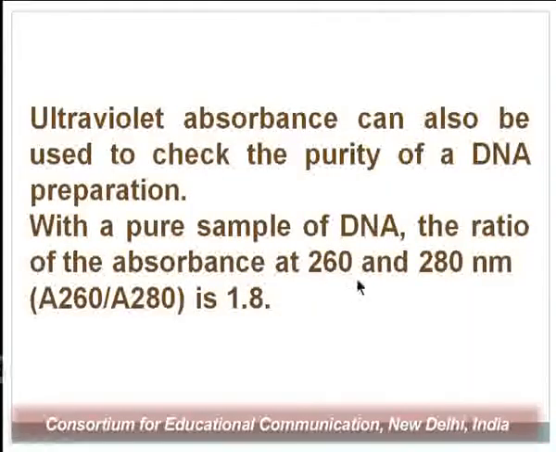So ultraviolet absorbance will also reflect how much of this contamination is there. With a pure sample of DNA, the ratio of the absorbance at 260 and 280 nanometer is 1.8. The software takes the absorbance at both values, finds the ratio, and checks whether it is 1.8 or not.